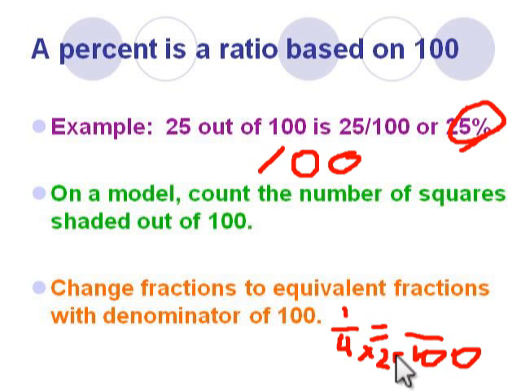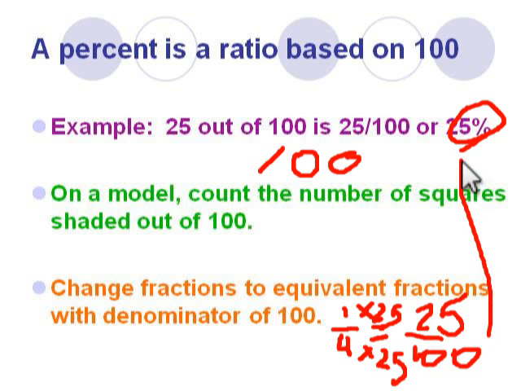So you just do 1 times 25, and 1 times 25 is 25. And so now we're back to our 25 out of 100, or our fraction 25 hundredths that we had up here. So that equals 25%. Easy schmeezy.